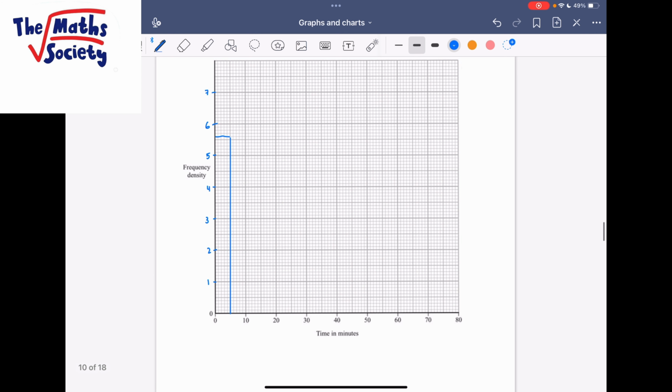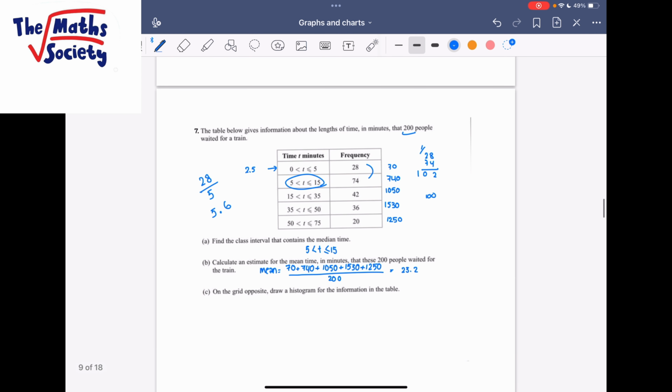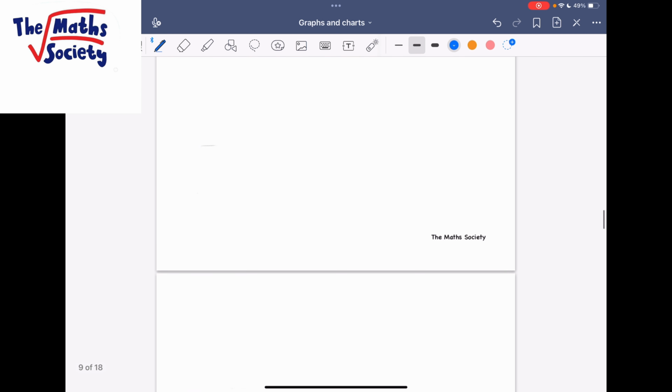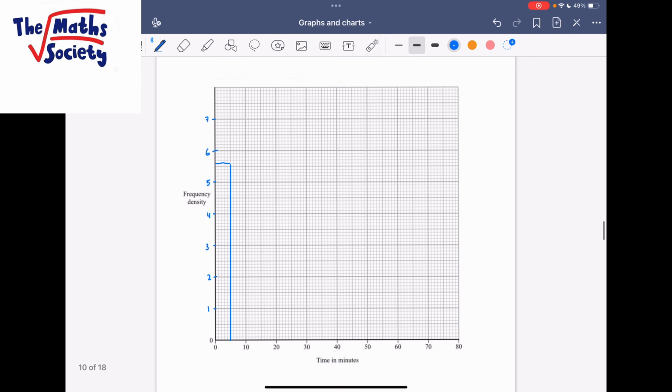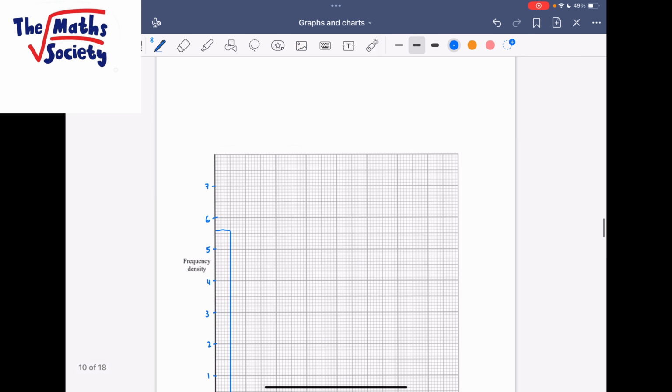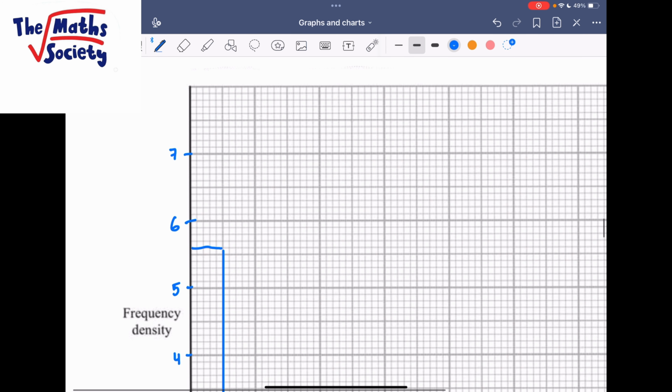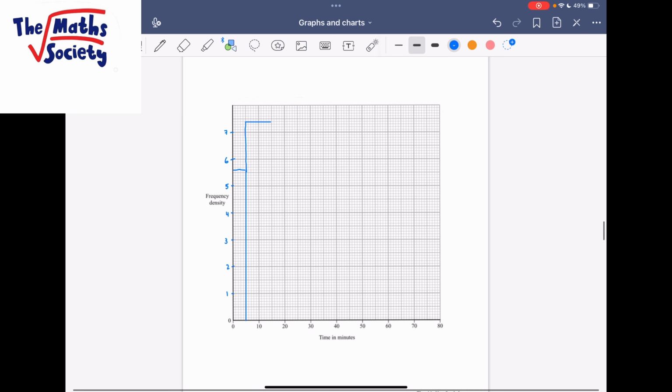And then we have another interval which was 5 to 15, so that's an interval of 10, 74, so that's 7.4. Sorry, 5 to 15 for 7.4. Should be just right here. I think this is until 15.